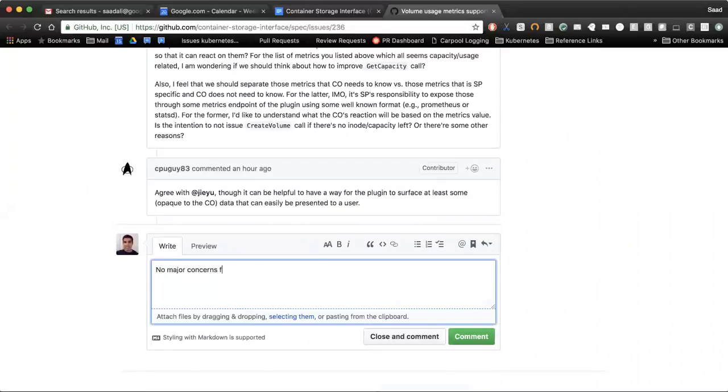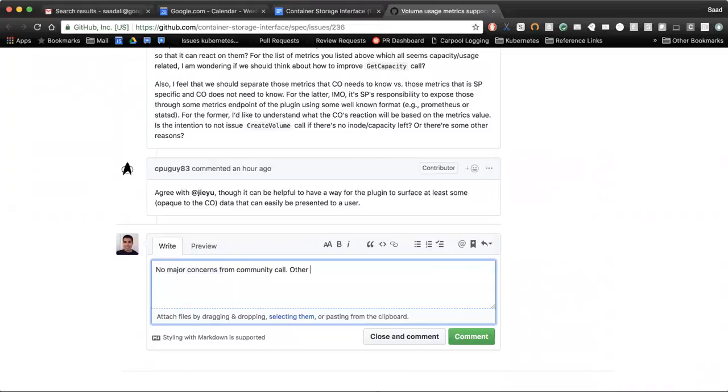Another possibility may be to use list volume. I don't know which one is better though. List volume versus get capacity? Yeah, maybe. I think the problem with get capacity is that currently it's not per volume. List volume will return volume attributes, and capacity could be one of those attributes, so that seems reasonable. Yeah, I agree.